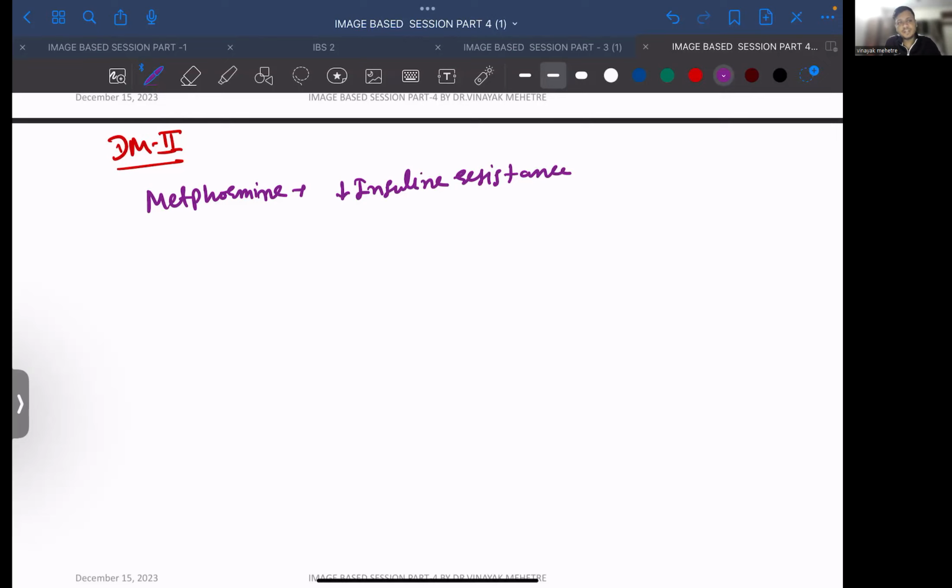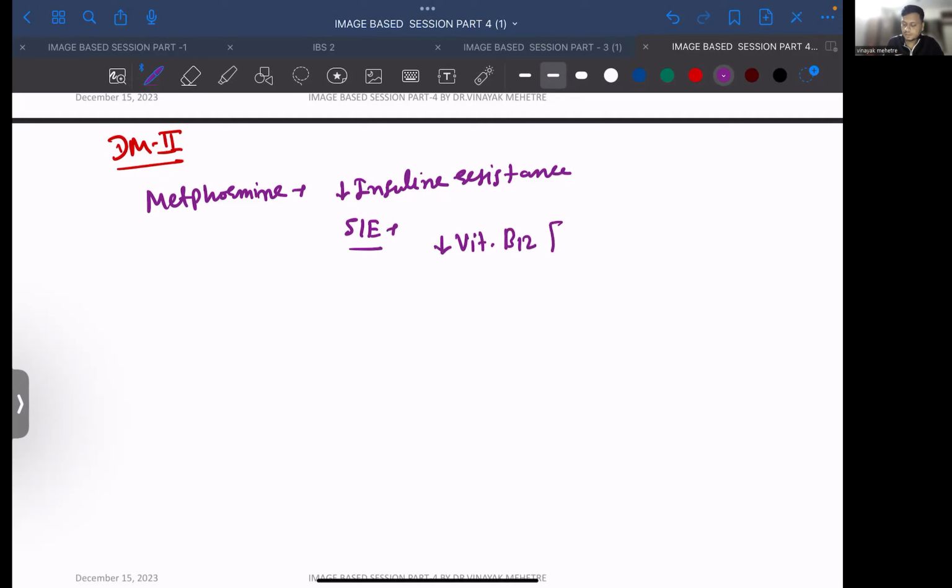What are the side effects that you need to know? Yes, and one more. It causes vitamin B12 deficiency.